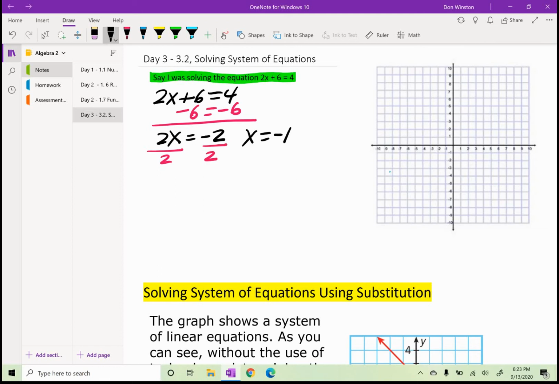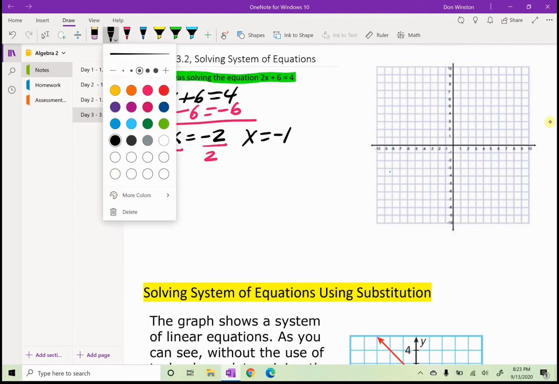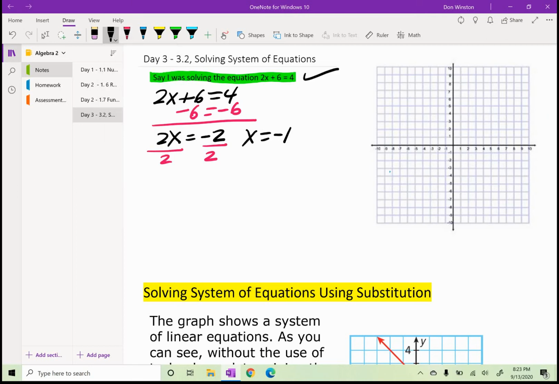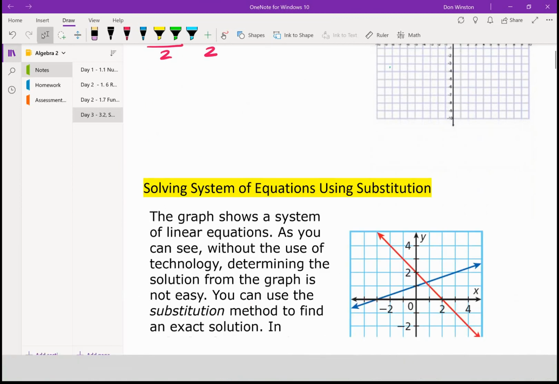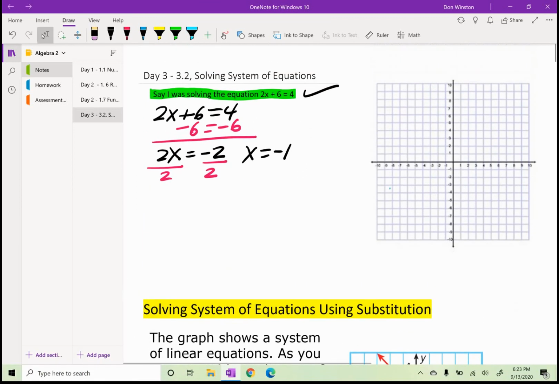So it may not have occurred to you that when we solve for x for that equation, 2x plus 6 equals 4, what we're really doing is finding the intersection of two linear equations. If you recall from Algebra 1, a linear equation is of the form y equals the slope times x plus b.